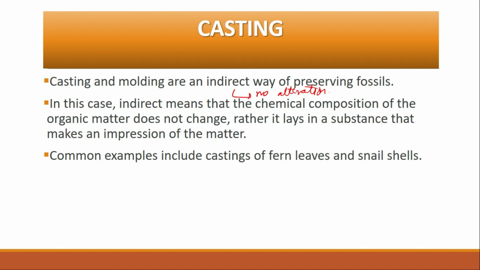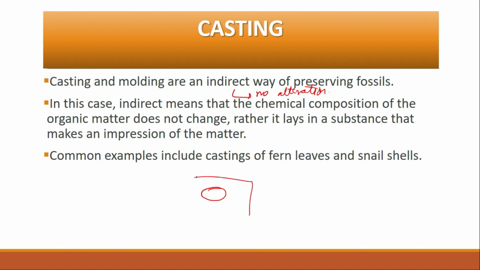In casting and molding, what happens? There had been disintegration and decomposition of the soft tissues as well as the hard parts, but the sediments have taken a mold or imprint of these elements before their disappearance. So a mold is the impression of an organism or an organic structure in the surrounding sediment. Let me explain. If there is a fossil, it decomposed, disintegrated into hard parts and soft parts.